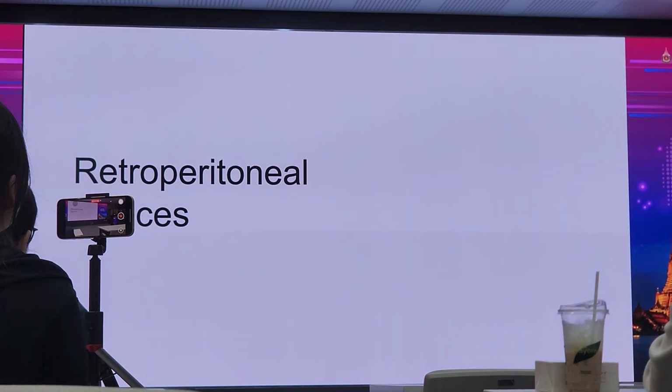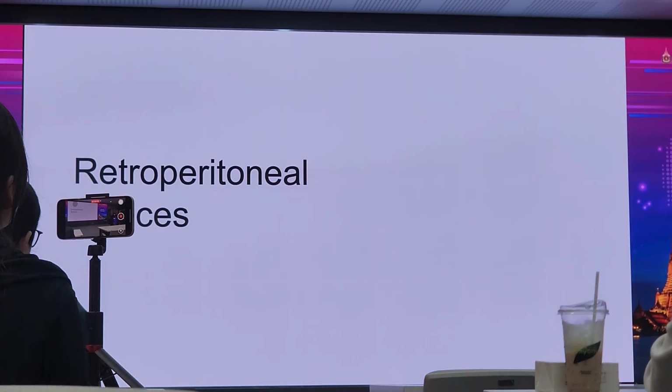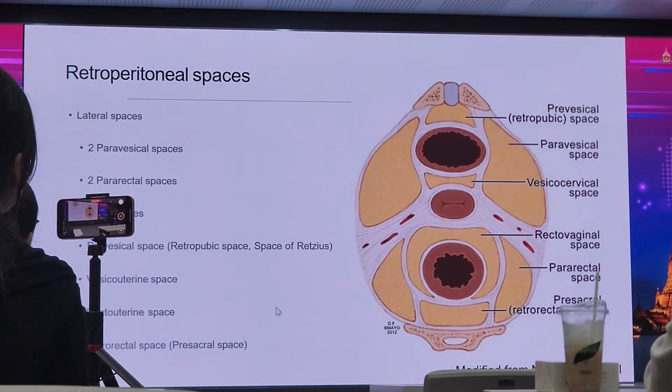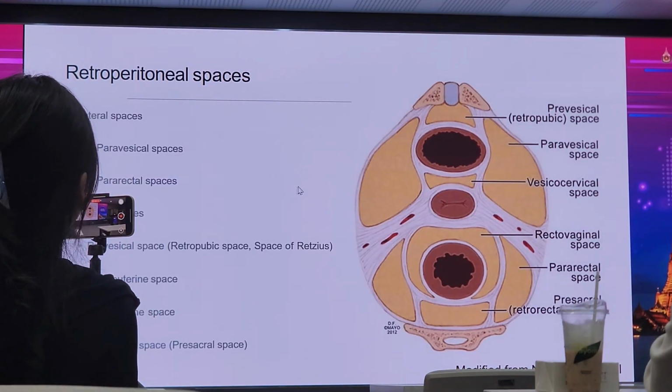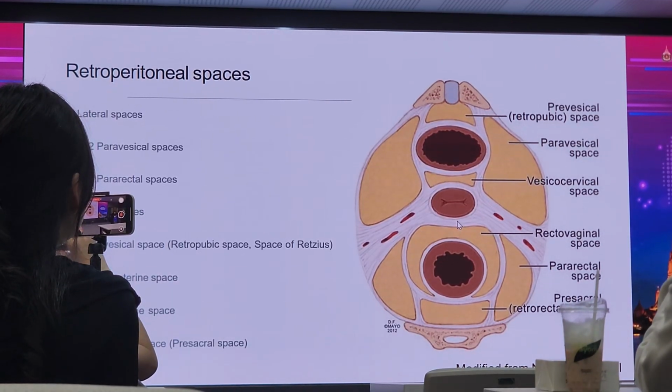And now we come to the thing we have to tackle this morning, the retroperitoneal spaces. There are midline spaces and there are lateral spaces. There are 2 lateral spaces, named after the place where they are located.